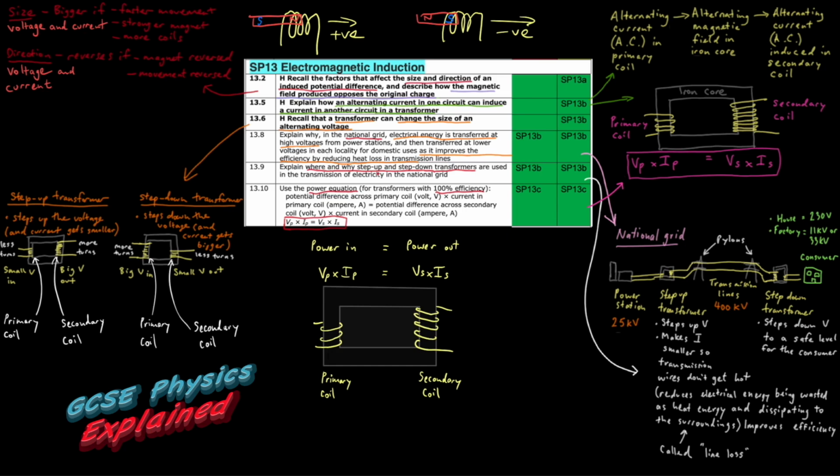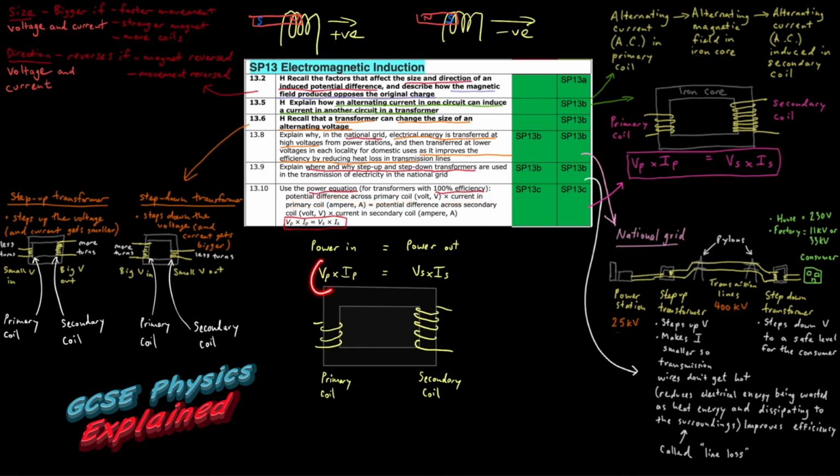Explain where and why step-up and step-down transformers are used in the transmission of electricity in the national grid. Well, I've just explained it all. And finally, use the power equation for transformers with 100% efficiency. So what goes in must come out. The power equation is basically the potential difference across the primary coil times by the current in the primary coil.